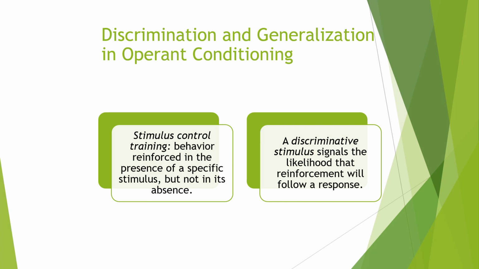So you have two different types of stimulus control training. With stimulus control training, the stimulus has got to be there for you to be reinforced. With a discriminative stimulus, you can signal the likelihood that a certain reinforcement will follow a response. You can discriminate between the two.